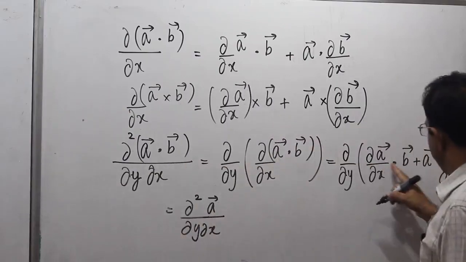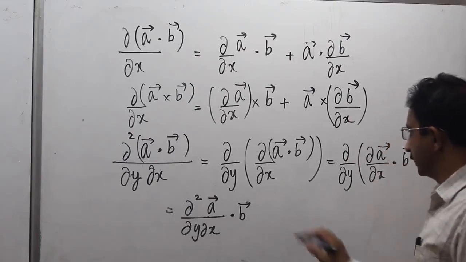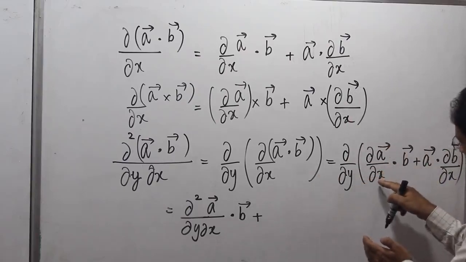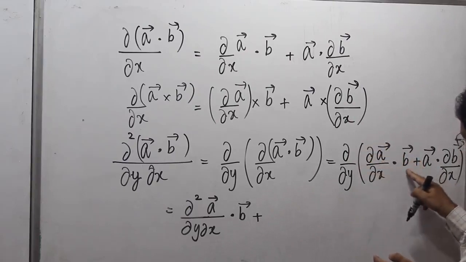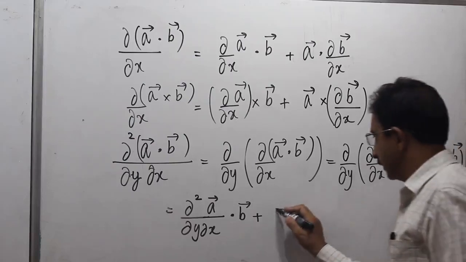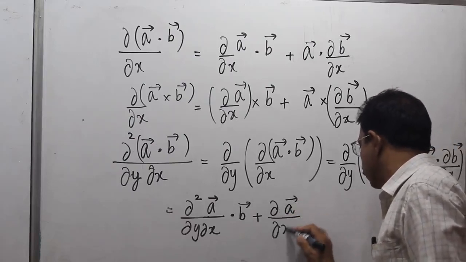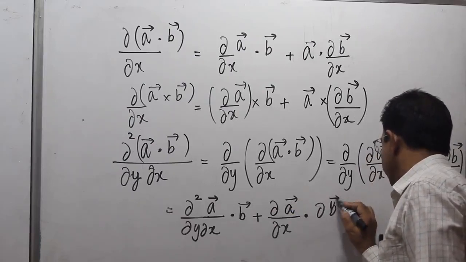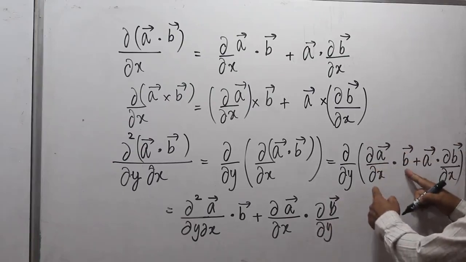So derivative of first into second plus, we are differentiating again, it is of the type u into v. So derivative of the first term into second plus first dot derivative of the second term, so this will be dot derivative of b with respect to y. This is its differentiation.